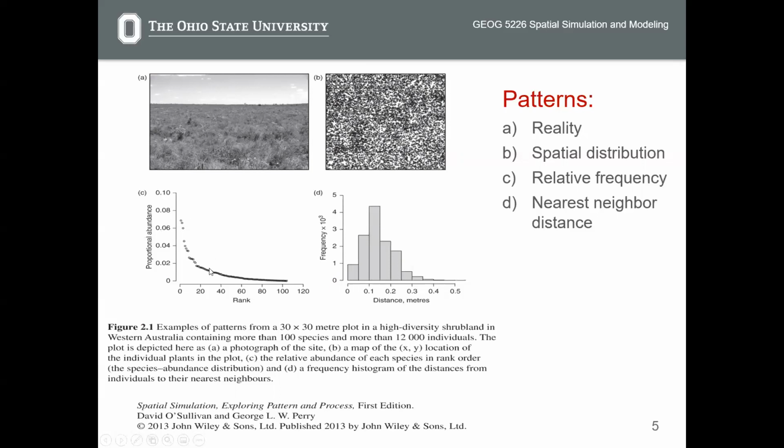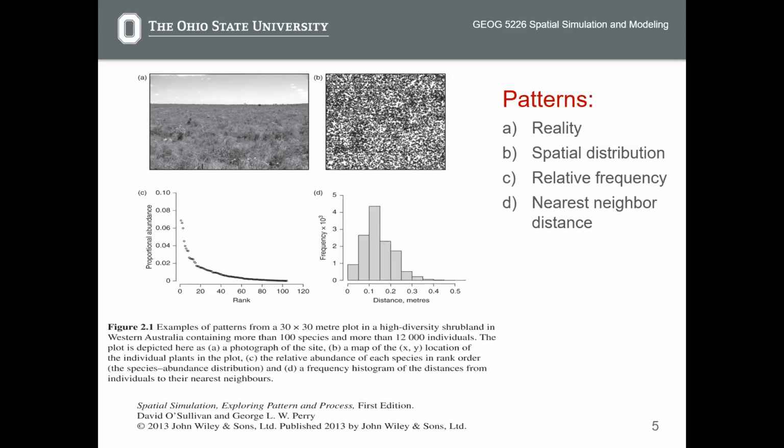Say, figure C here. It's a scatter plot between rank and the proportional abundance of different species, the relative abundance of each species in rank order, the species abundance distribution. What does it mean? We have 100 species, and for each species we can count the number of individuals. Although it's hard, we can do that.